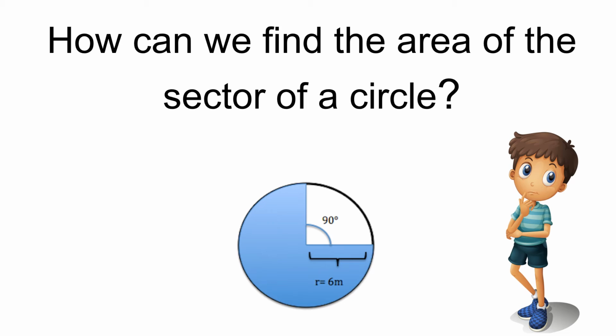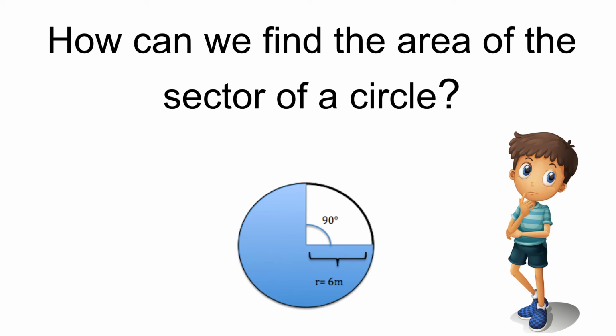Now, if it looks like a quadrant of the circle, how many quadrants does a circle have? That's right. A circle has 4 quadrants. So if we're asked to find the area of the sector here, we know we would find a quarter of the area of the circle.